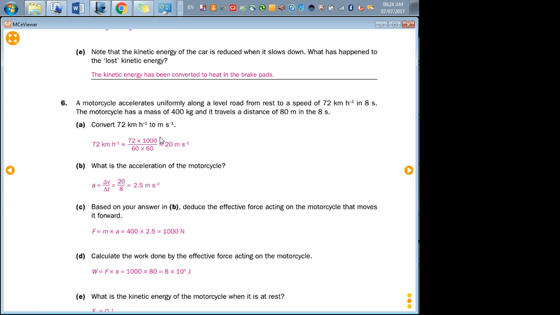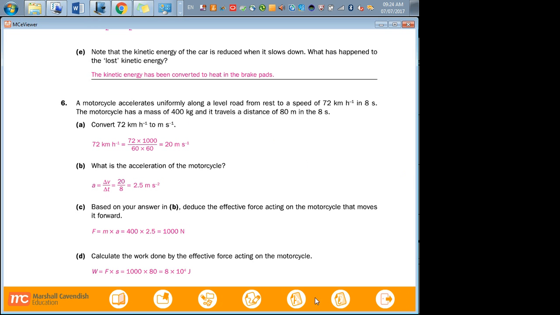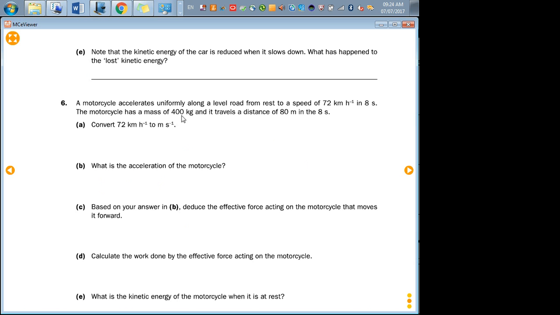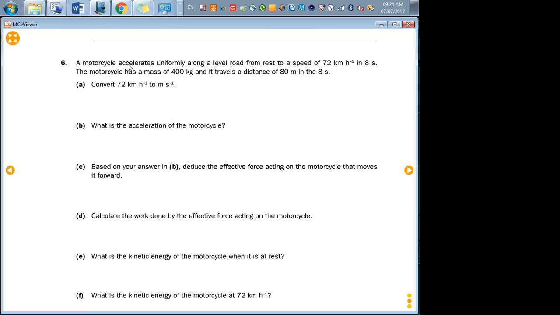Some of you are furiously copying 6A and so on before I close it. Okay, I'm going to close it already. You're only supposed to copy part E. We're done. Thermal energy.